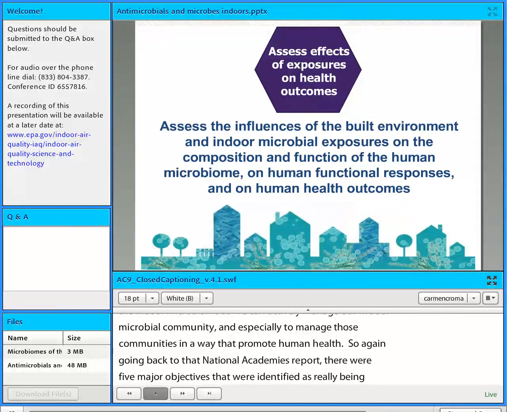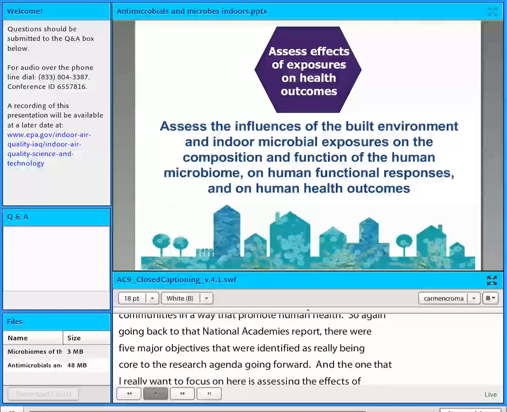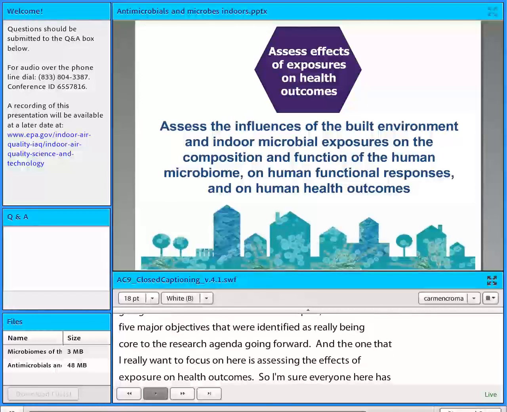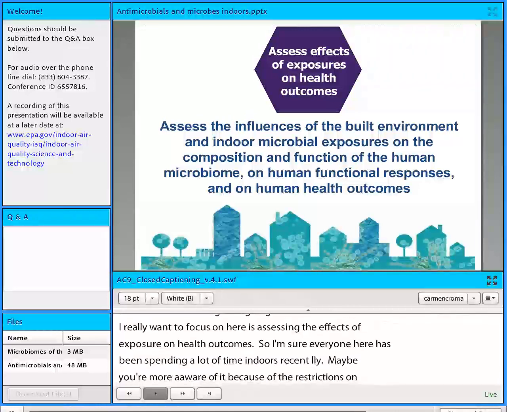And the one that I really want to focus on here is assessing the effects of exposures on health outcomes. I'm sure everyone here has been spending a lot of time indoors recently, and maybe you're more aware of it because of the restrictions on movement. But the fact of the matter is, even before the current pandemic, people spent a ridiculous amount of time indoors.